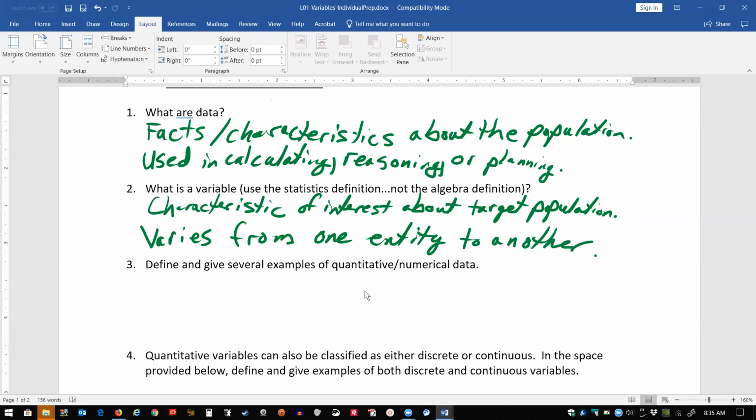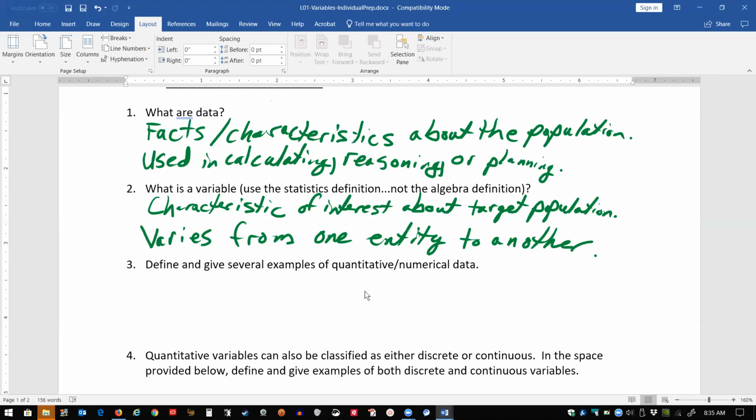When you first start to design a study, you'll have to come up with some research question. What are you interested in studying? From that research question, the variable and the data that you need to collect will be fairly apparent.